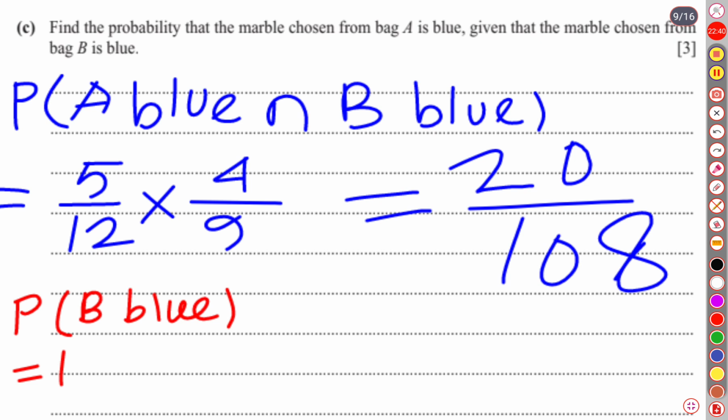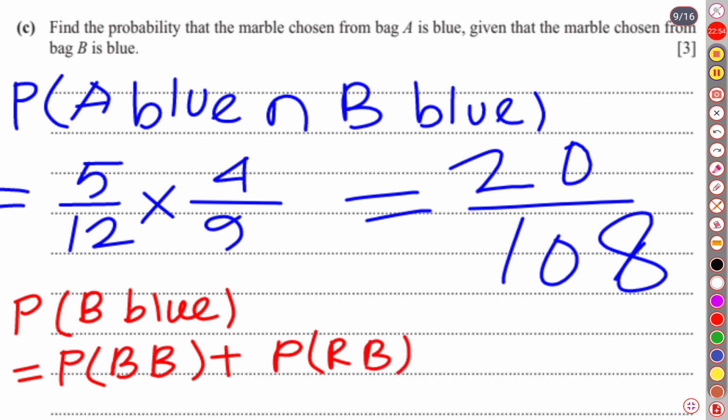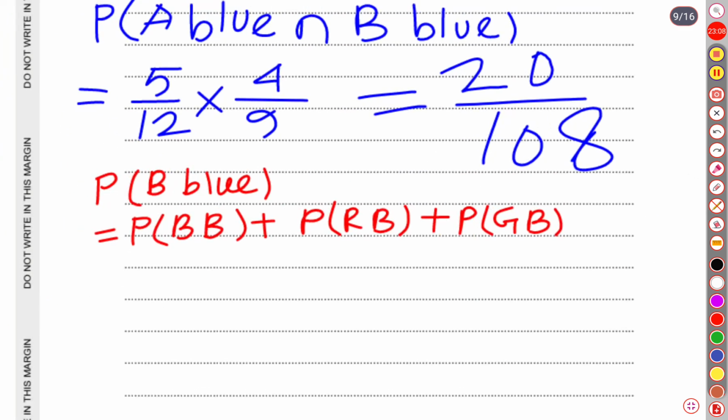If the second one is blue, then maybe the first one may also be blue. Or the first one may be red and the second one blue, because our condition is about the second marble, not about the first marble. And out of the two marbles picked up, the first one may be green and the second one is blue. So what are the probabilities?